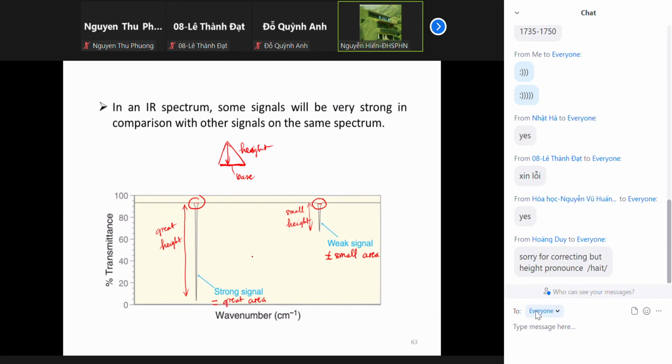Okay, thank you. So we compare the height of these two peaks, and you see that the one on the left is greater, and therefore you have a greater area. Greater area means strong signals, and small area means weak signals.